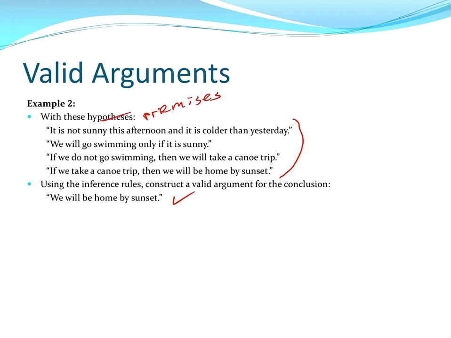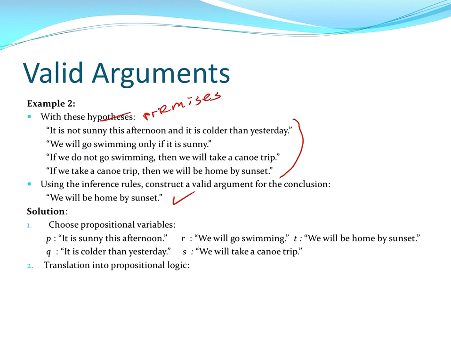So I'm going to reduce these to some atomic propositions. I'm going to let P be it is sunny this afternoon, R is we will go swimming, Q is it is colder than yesterday, S is we will take a canoe trip, and T, our hoped for conclusion, is we'll be home by sunset.